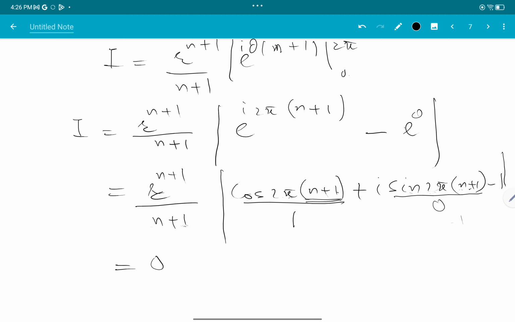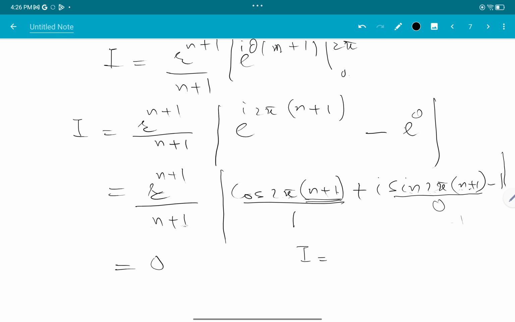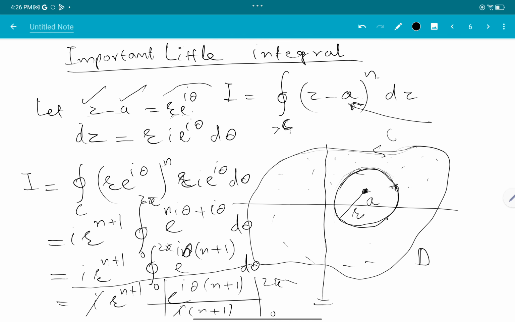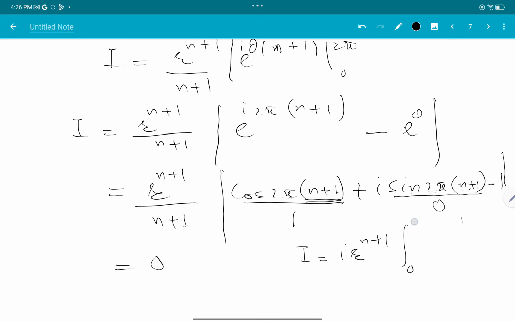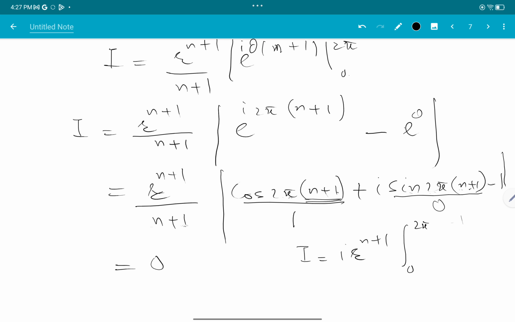That is, I is equal to, back to this, I of n plus 1, integral 0 to 2 pi, e raised to i theta (n plus 1), e raised to i theta (n plus 1) into d theta. Of course there will be d theta here.